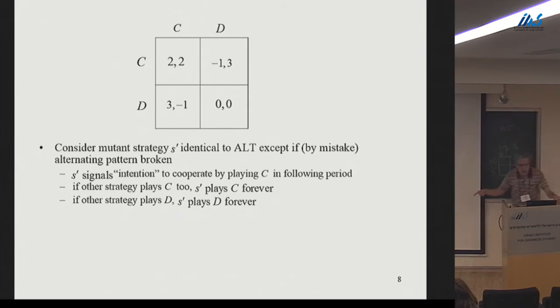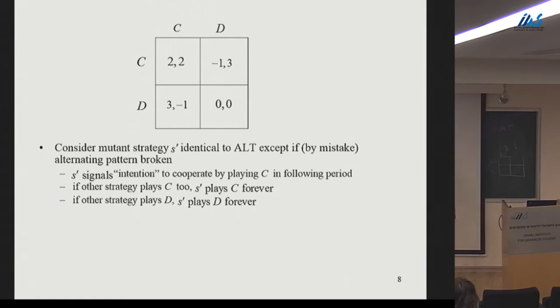Wait a minute. When does S prime expect the other player to play C? Immediately in that period? Yes. How does the other guy know whether it's a mistake or not? Doesn't know. If there's a breakdown in the alternating pattern, S prime plays C the following period.